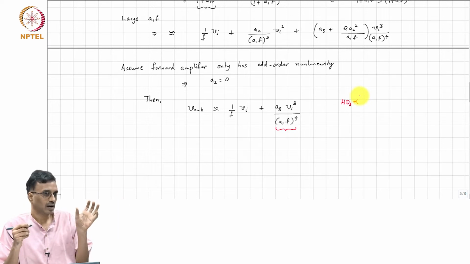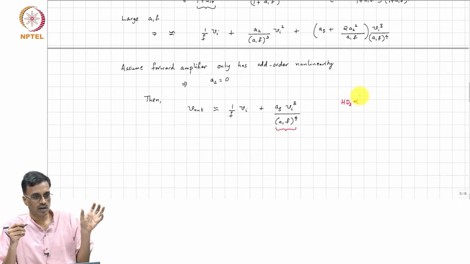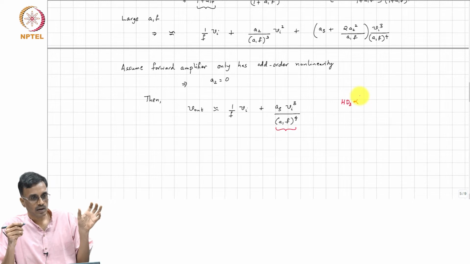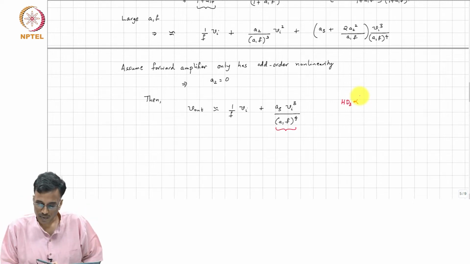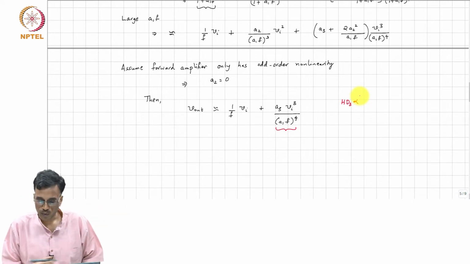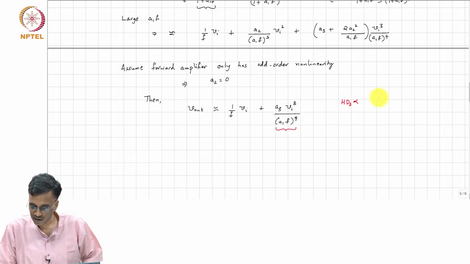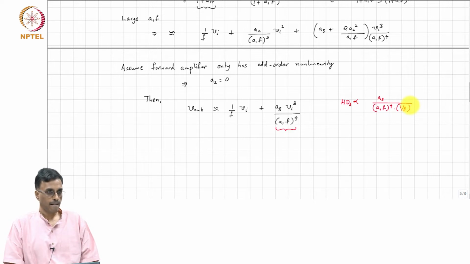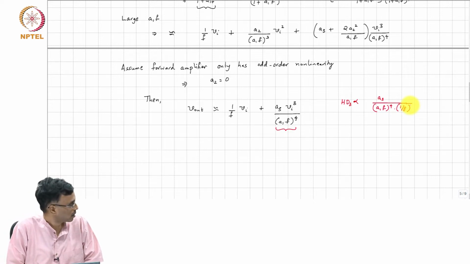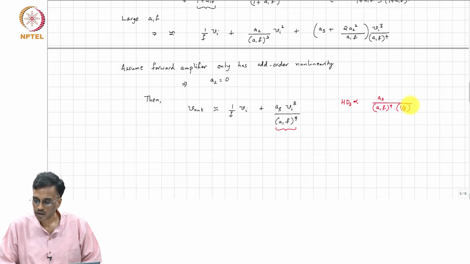But what is that constant which multiplies the amplitude square? That is the 3A3 by A1, right? And what is the 3A3 here? In this case, it is nothing but A3 by (A1f) whole power 4 divided by 1 by f. Right? Okay.